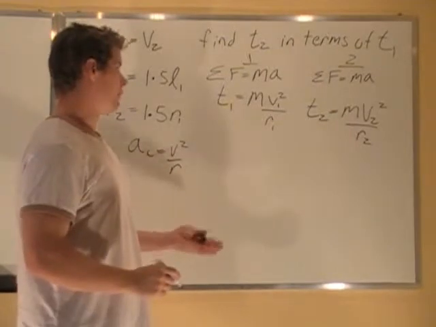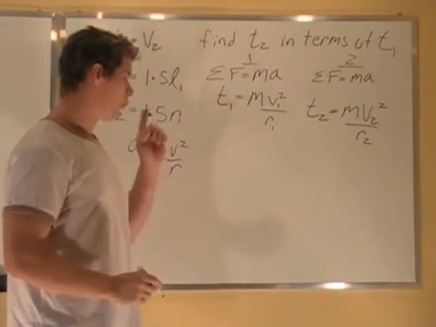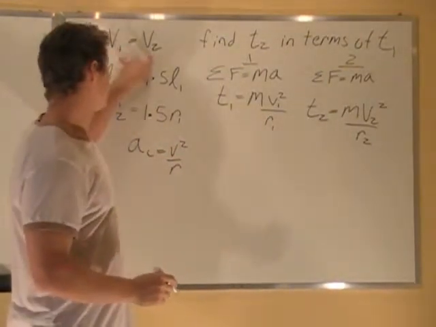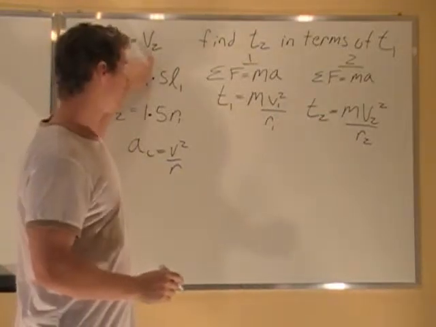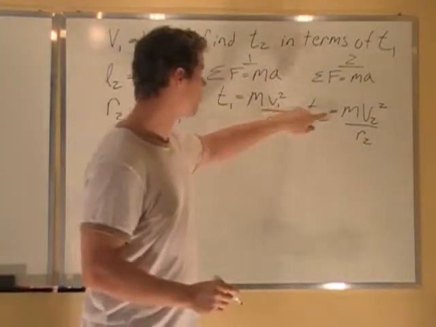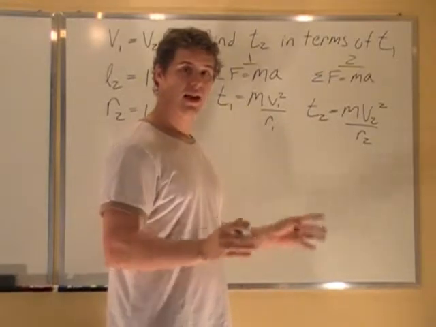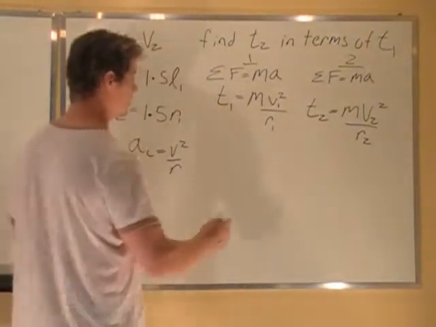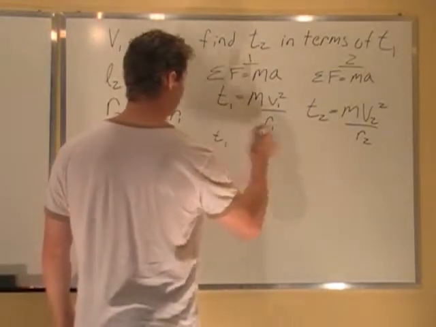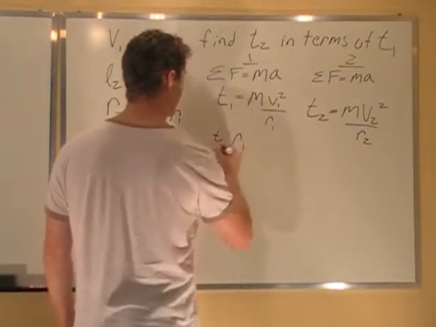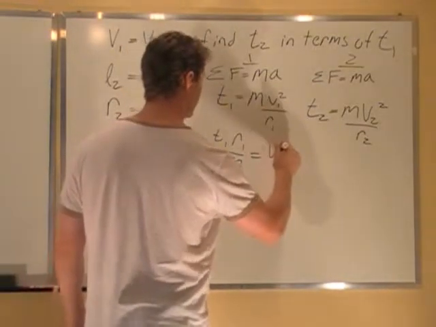Now we have to solve for T2 in terms of T1. We have one vital piece of information, which is that the velocity remains unchanged. So first I'm going to solve for each of these velocities and set them equal to each other. We get T1 times r1, divided by m, equals v1 squared.